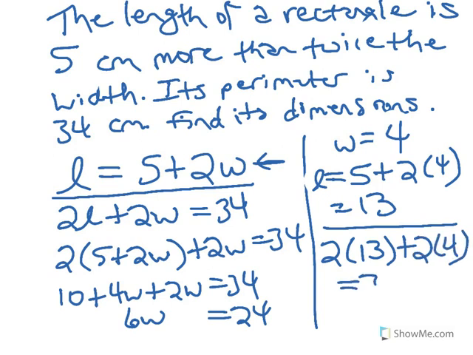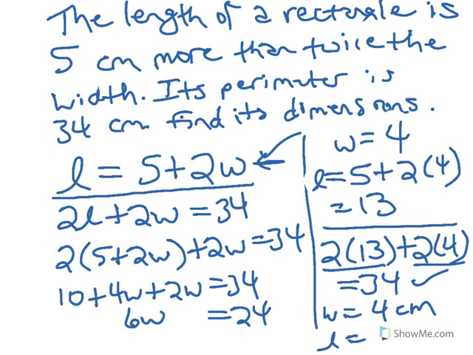Now 2 times 13 is 26, 2 times 4 is 8, and 26 plus 8 is 34. So both of our equations do check out. Our solution is that the width of this rectangle is 4 centimeters, and the length of this rectangle is 13 centimeters.